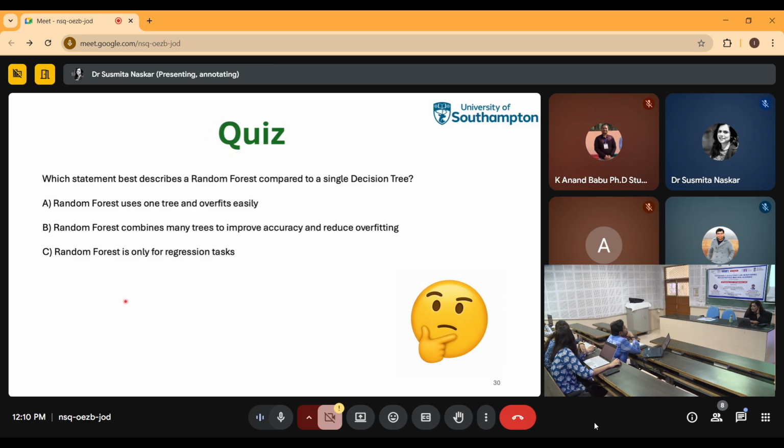And which statement describes the random forest compared to a single decision tree? Random forest uses one tree and overfits easily. Random forest combines many trees to improve the accuracy and reduce overfitting. And random forest is only for the regression task. Which one is the correct answer?